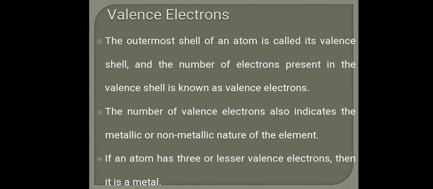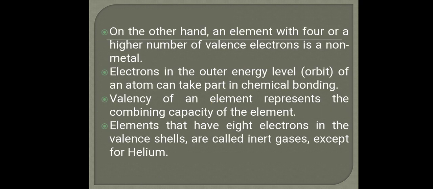If an element has 3 or fewer valence electrons, then it is a metal. On the other hand, an element with 4 or a higher number of valence electrons is a non-metal.